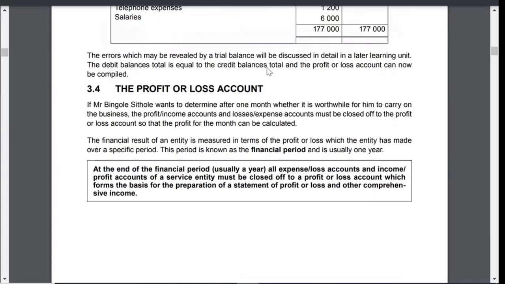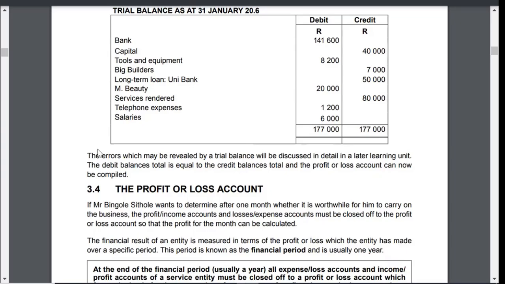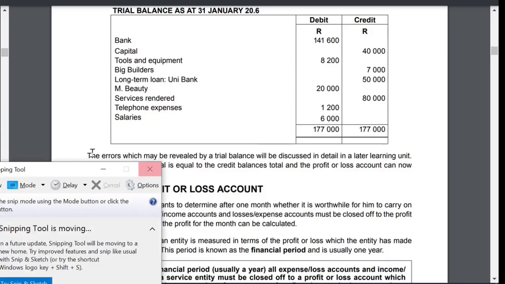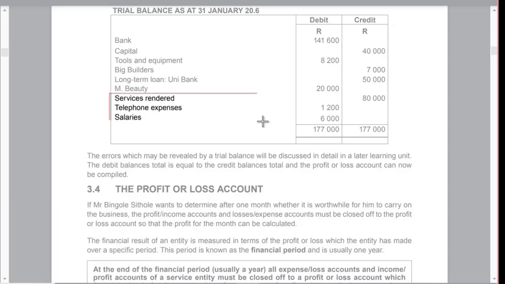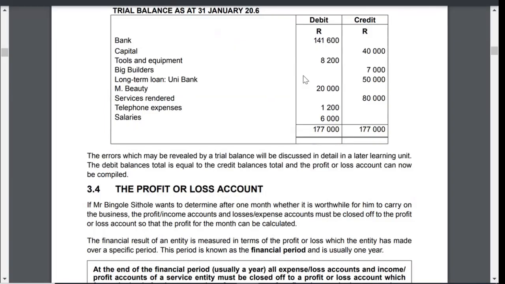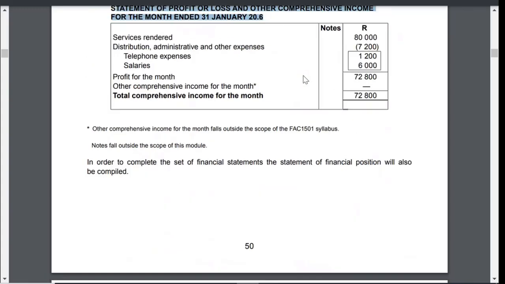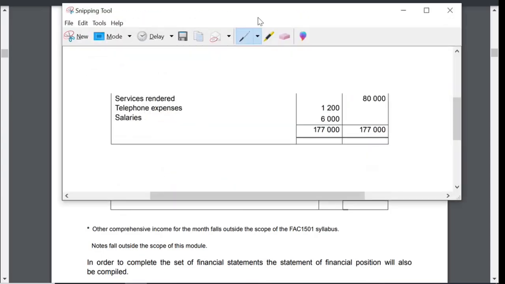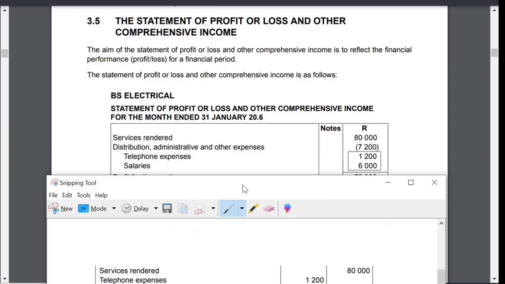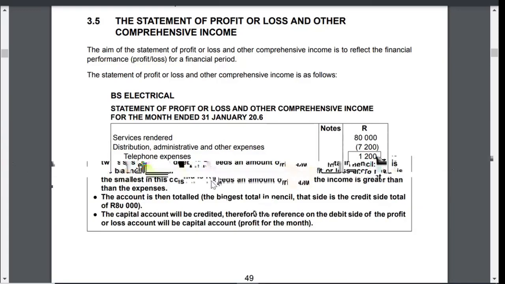Looking at this trial balance, this is where they got the balances to generate that statement. So this is the statement. This will show the performance of the company.